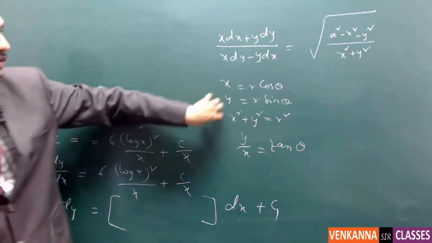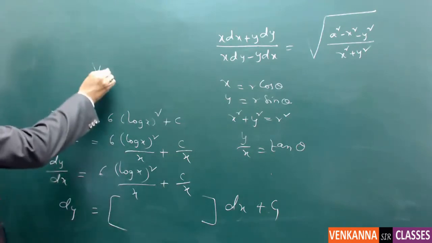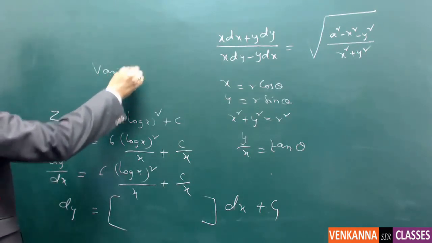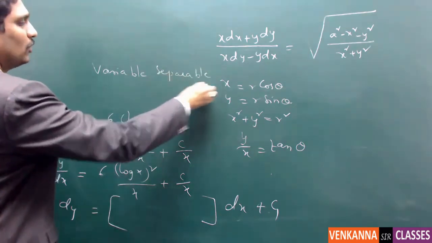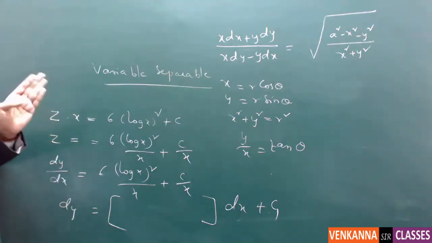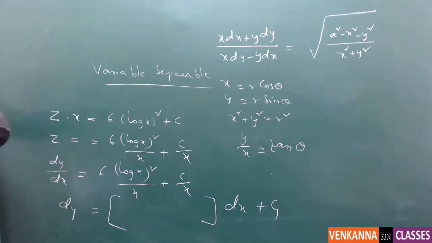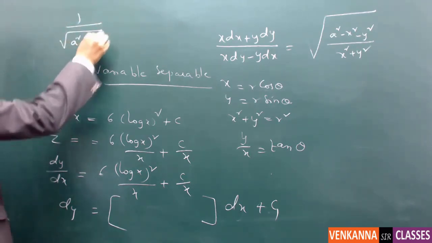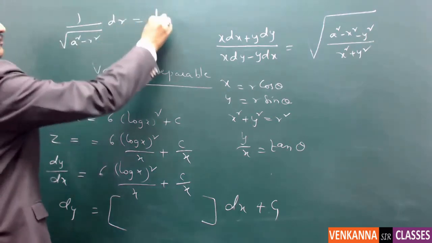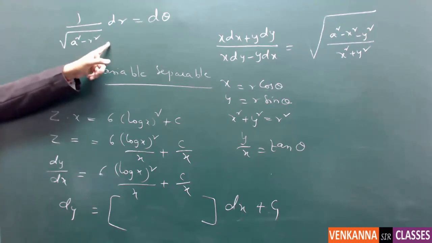So if you substitute these values here, on simplifying, it will simply come as variable separable. All r values on one side, all theta values on one side. However, I give the idea that it will become the final thing, which is variable separable.